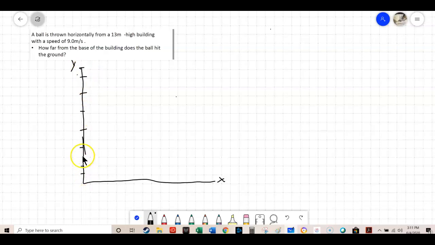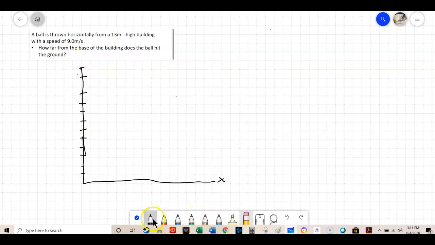So each one of these tick marks is 1 meter. Can't believe I got that lucky with this. So I'm just going to move this Y. You know what? I should just have erased that. And I'm going to erase this too. Just use the eraser then.